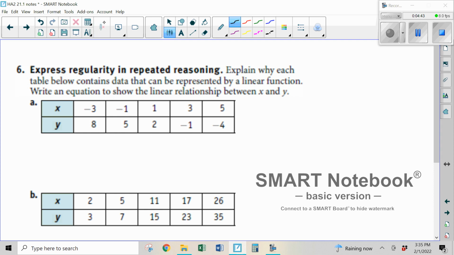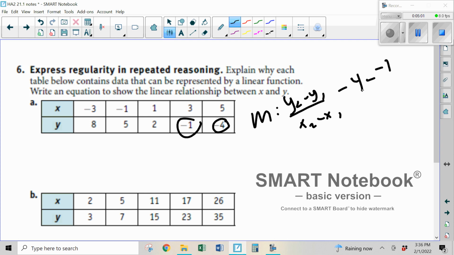So we know slope is the change in y, or subtract y's, over subtract x's. I can subtract any y's I want. Let's say I want to start with this y minus this y. -4 minus -1. Then I have to subtract the x's in that same order. 5 minus 3.